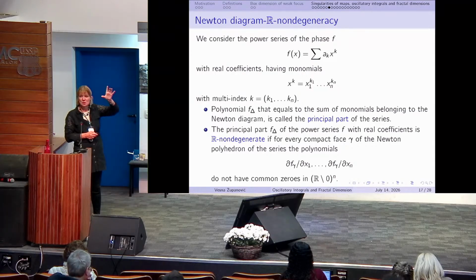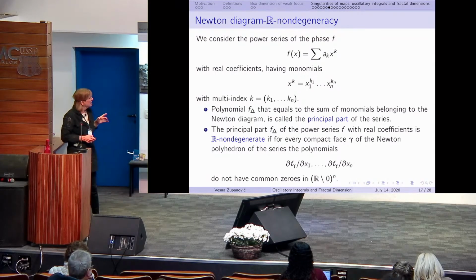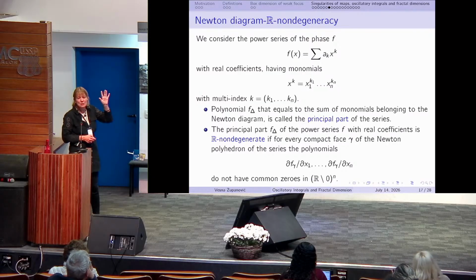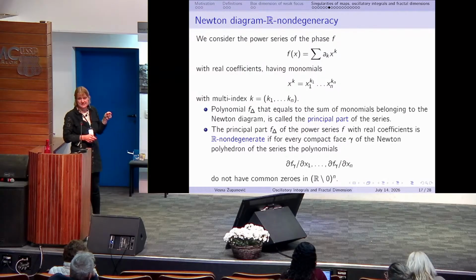You take one compact side and you make derivatives with respect to all variables, and you see whether there are any common zeros outside of the axes, if you are in R2.